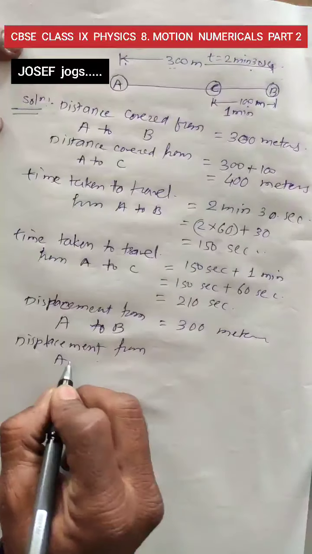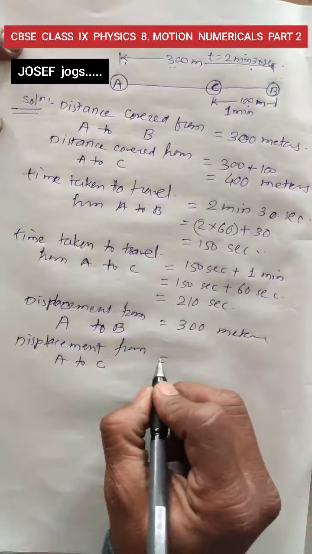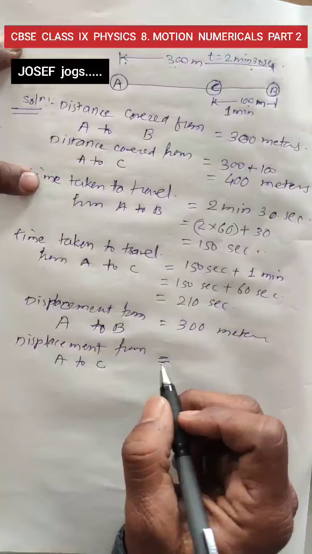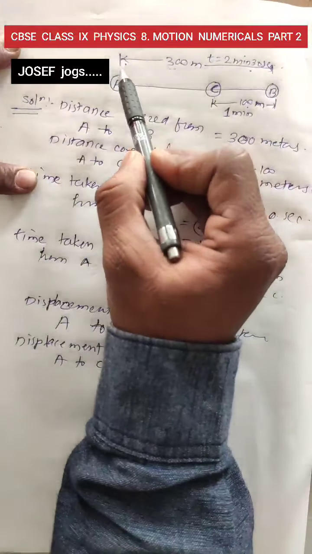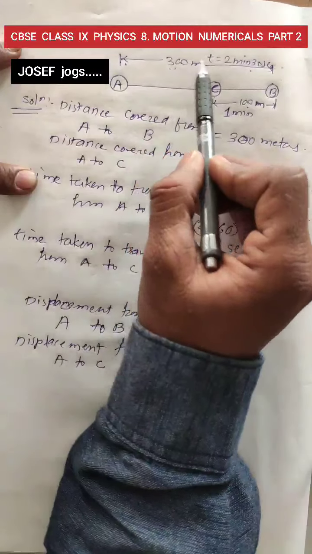But displacement from A to C is equal to, now just concentrate on this graph. Here the total distance from A to B is 300 meters.